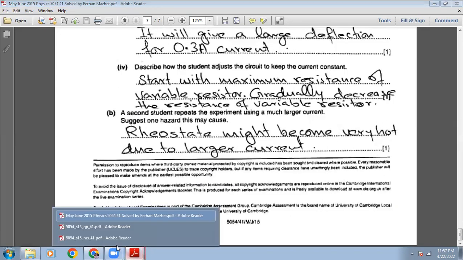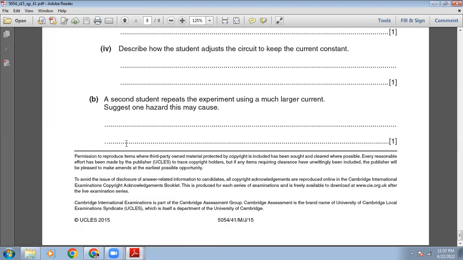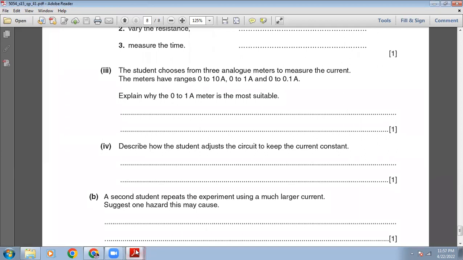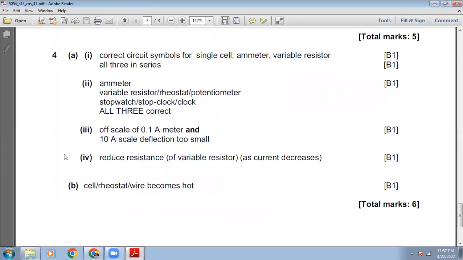So we are done with this paper. That was the last question. Let's have a look at the marking scheme. It says correct circuit symbol for single cell, ammeter, variable resistor, all in series. Ammeter, variable resistor, rheostat, potentiometer, stopwatch, and all three correct. The 0.1 ampere scale and 10 ampere scale: deflection too small.